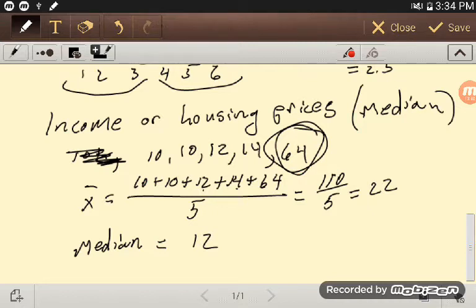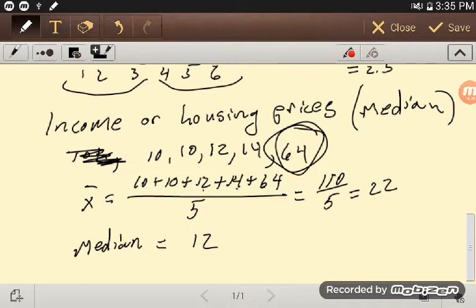You know, housing prices, same thing. You could have an area where almost all the houses are between $100,000 and $200,000. But all of a sudden there's just this one small neighborhood where the houses are over $1 million, multi-million-dollar houses.